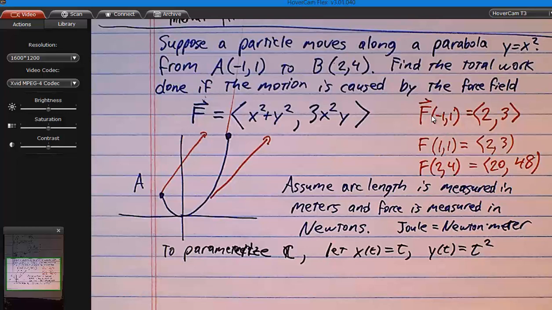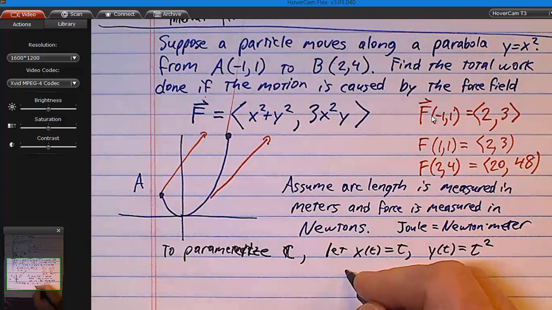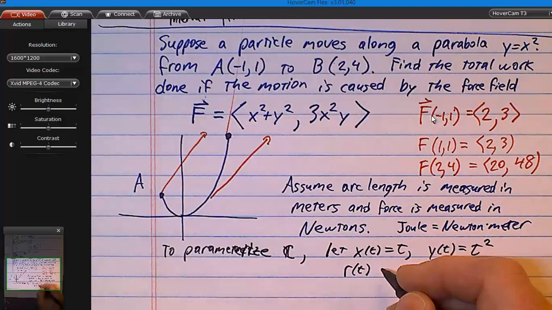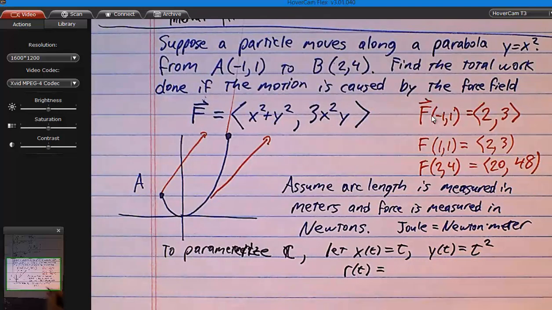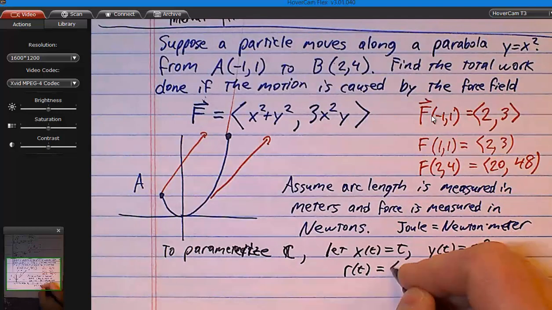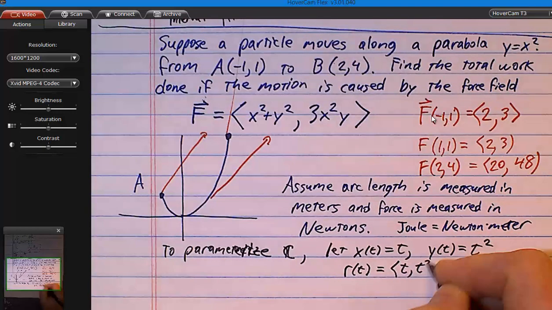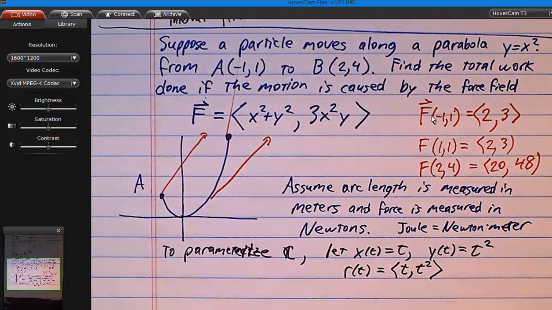So that works pretty well. Now r of t is t comma t squared, right? And what else do I need? I need r prime of t.